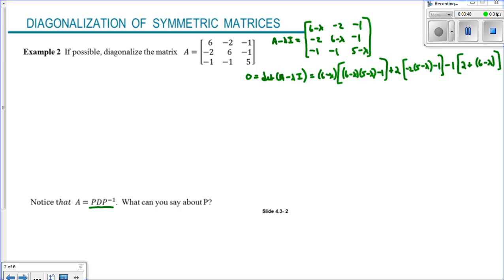Now let's simplify. Inside each bracket, I'm going to expand out and combine terms.